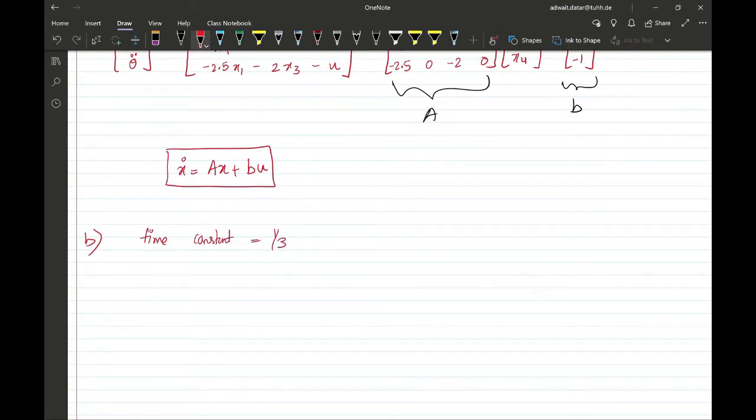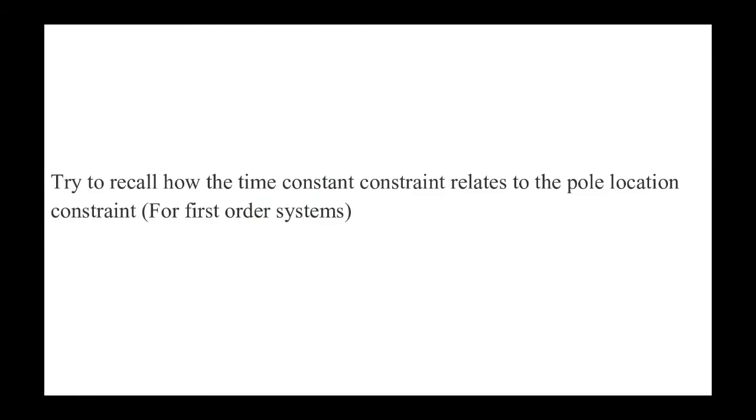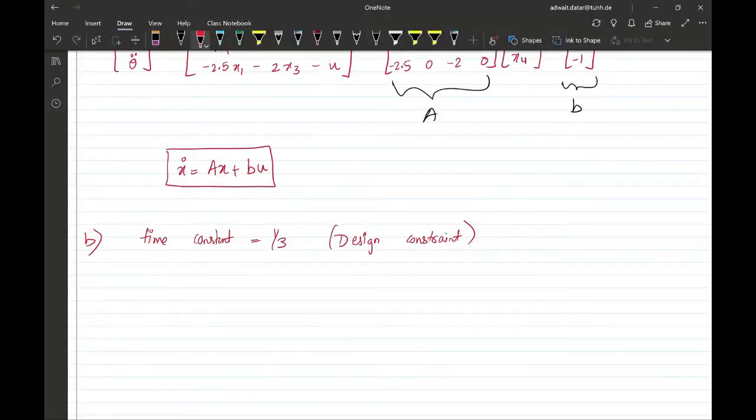Now, this is a design constraint, and for first order systems, this just means that the closed loop pole is at -3, or the real part of the closed loop pole is at -3.